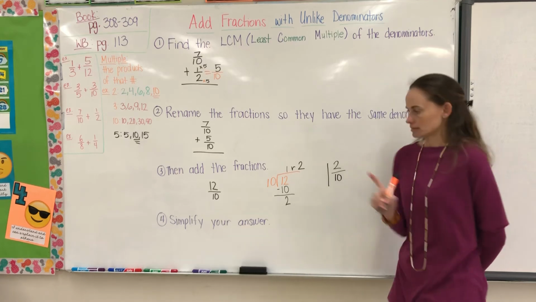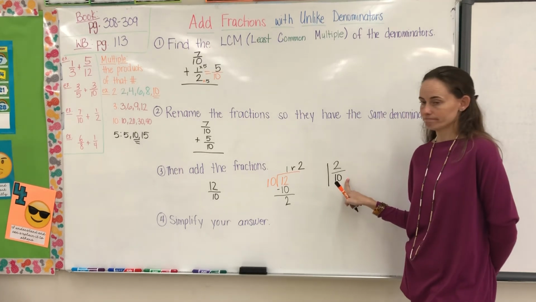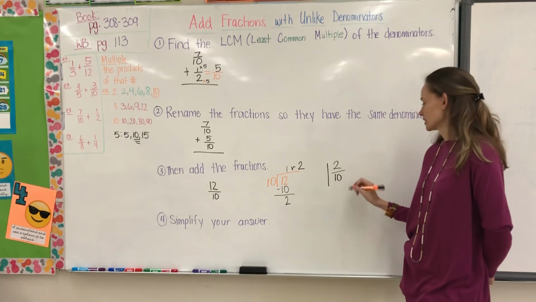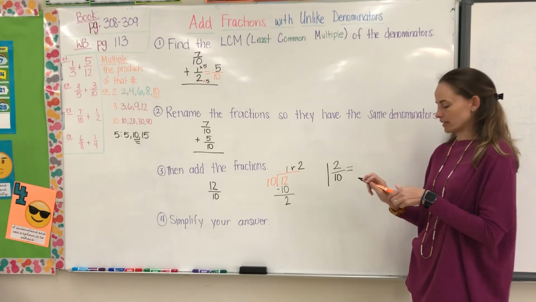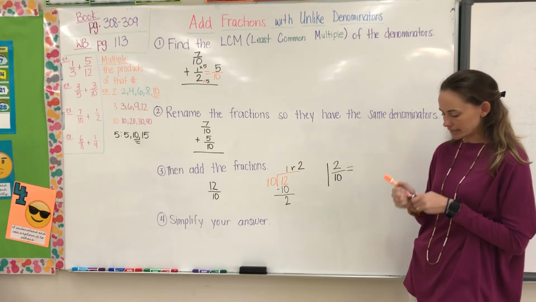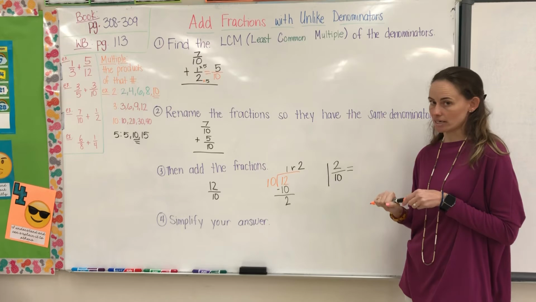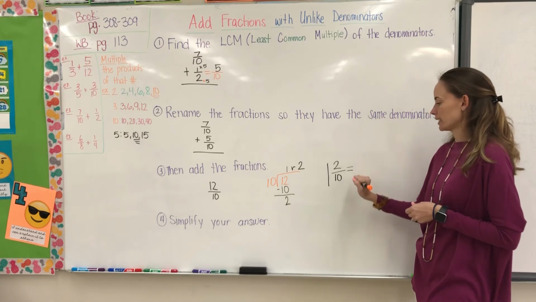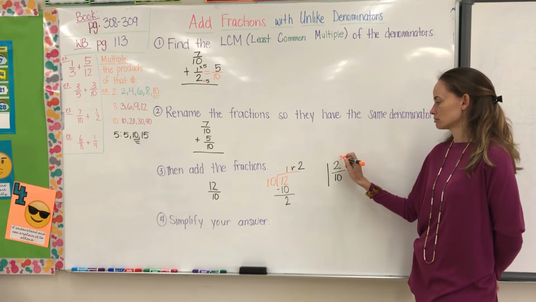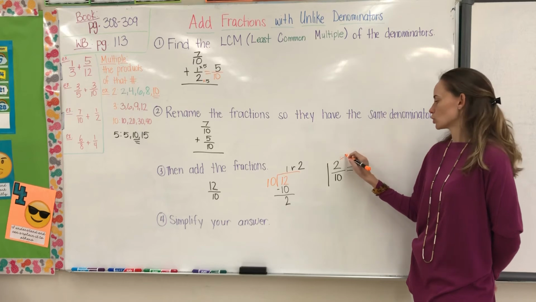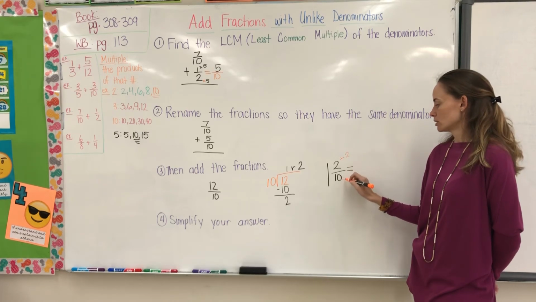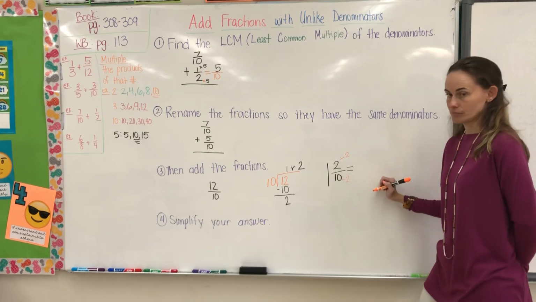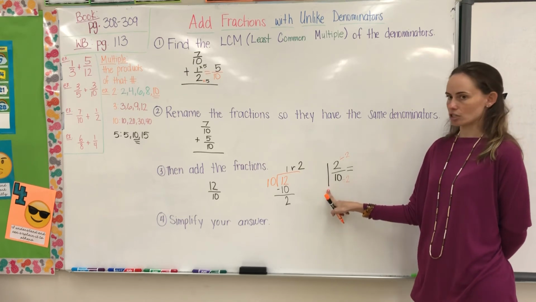We're not done. Is 2/10 simplest form? No, it is not. So we need to simplify it by dividing by the common factor of 2 and 10, which would be 2. So whatever we do to the top, we do to the bottom. Okay? Does the whole number change?